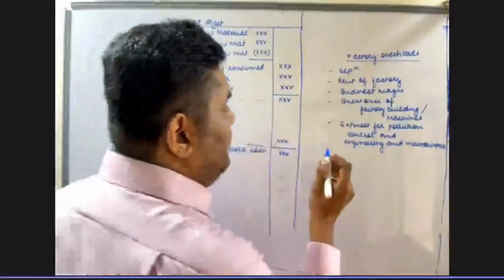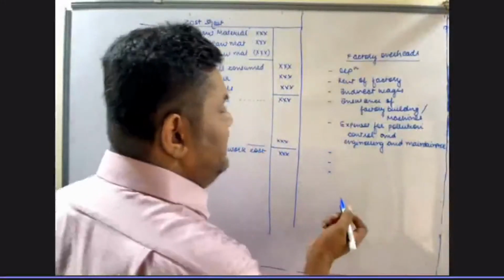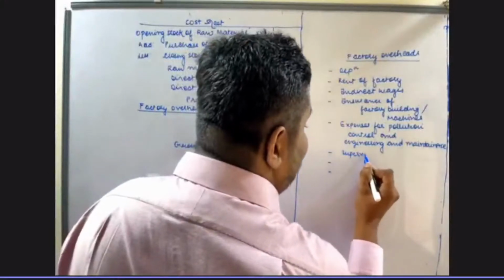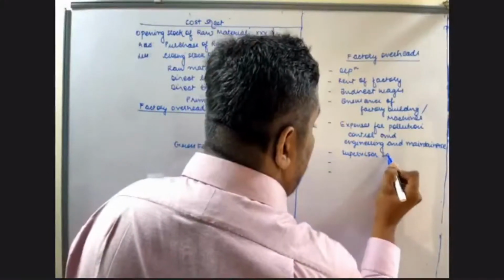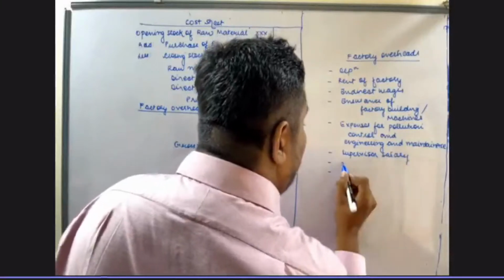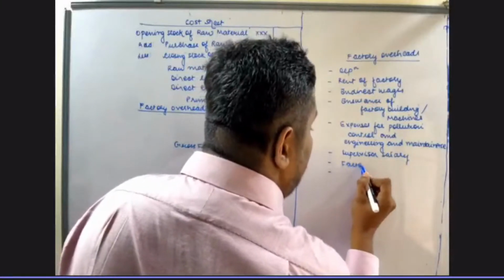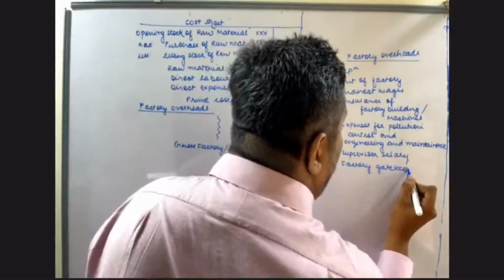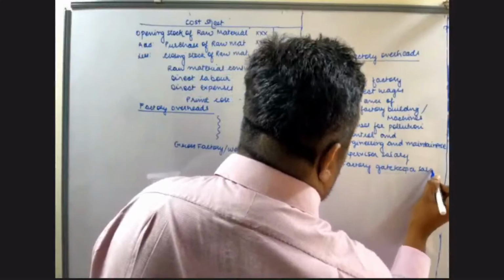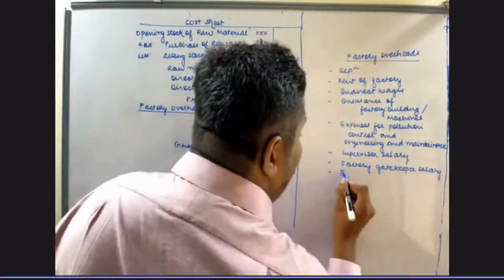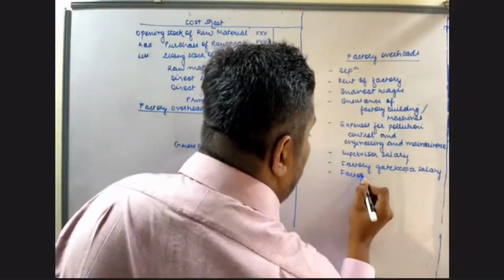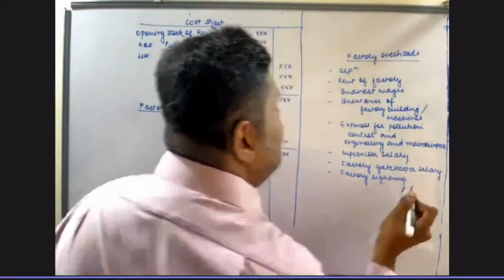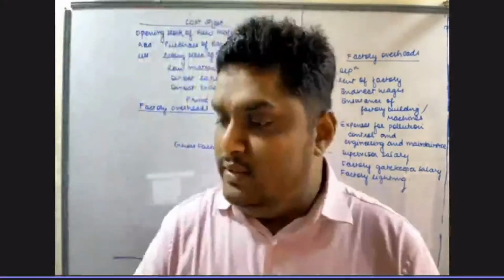Apart from this, there are n number of expenditures. It can be supervisor salary, factory gatekeeper salary, factory lighting. All these form part of factory overheads.